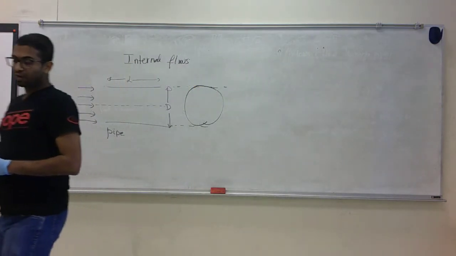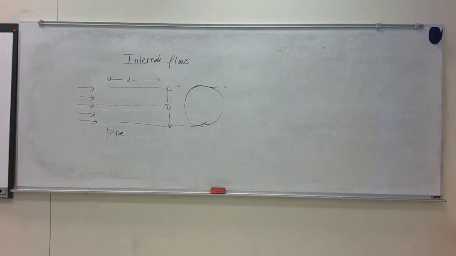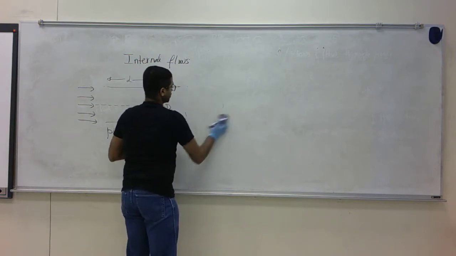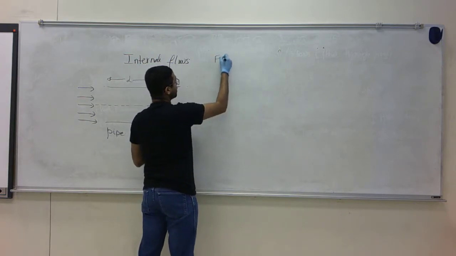Okay. So if you have a circular pipe, a common example is given in figure 8.1.